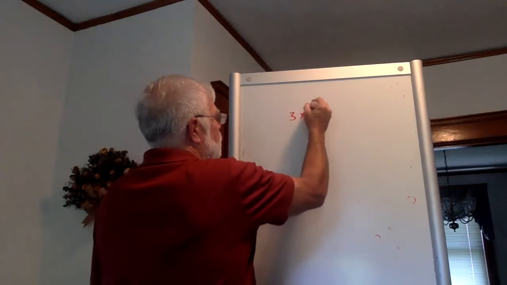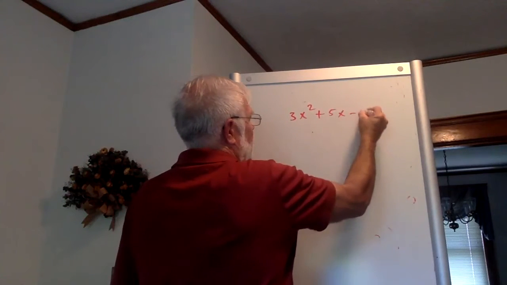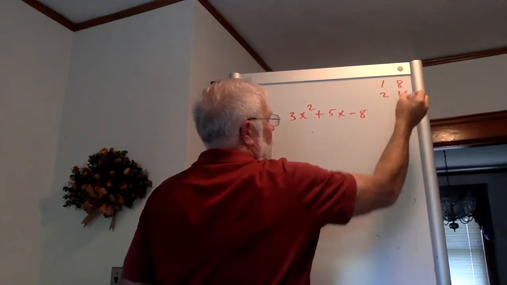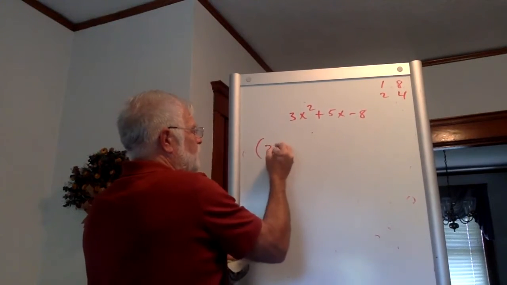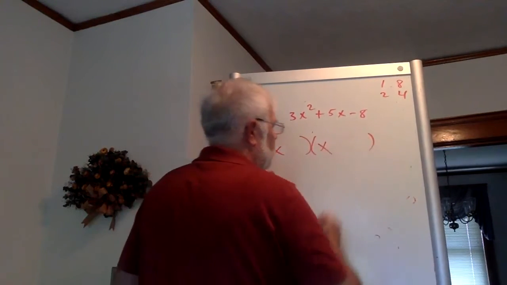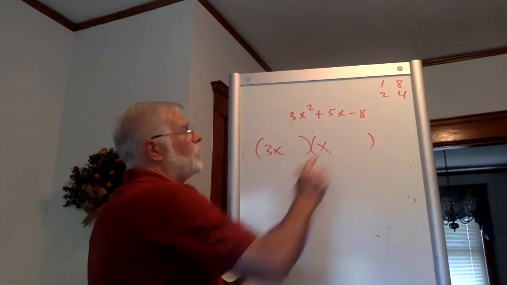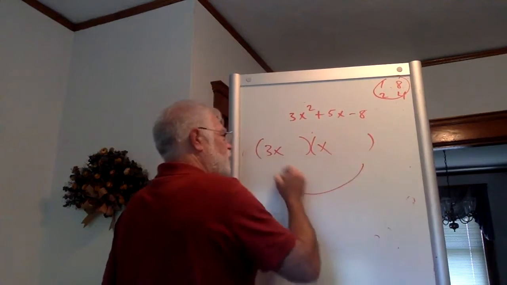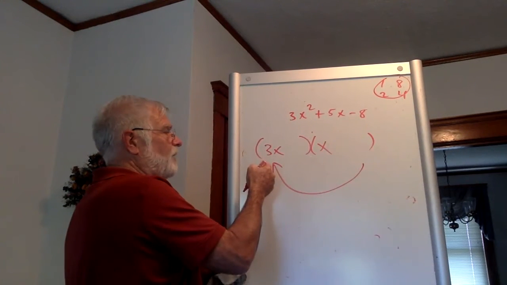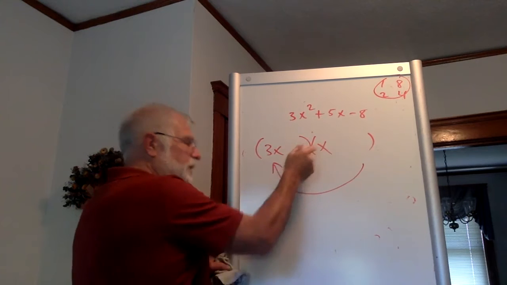Now we got 3x squared plus 5x minus 8. So I got choices of 1 and 8 and 2 and 4 over here, but there's one thing that has to be true if it's factorable. If I can write it as a product, 3x times x has to get me 3x squared. Now these numbers I am going to try here because that product's going to have 3 times the influence than this one is.